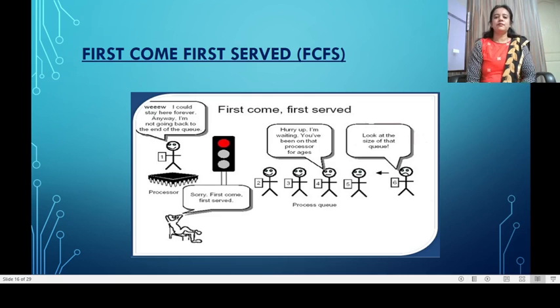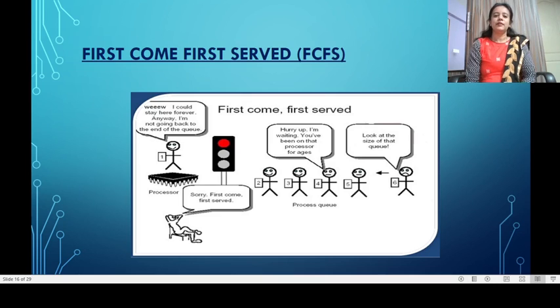The first come first serve CPU scheduling algorithm is one of the simplest forms of CPU scheduling. How it works: whichever process comes into the ready queue first will be given the chance to execute by the CPU first. For example, whenever we are standing in a queue to collect movie tickets, whichever person comes first will get the ticket first.